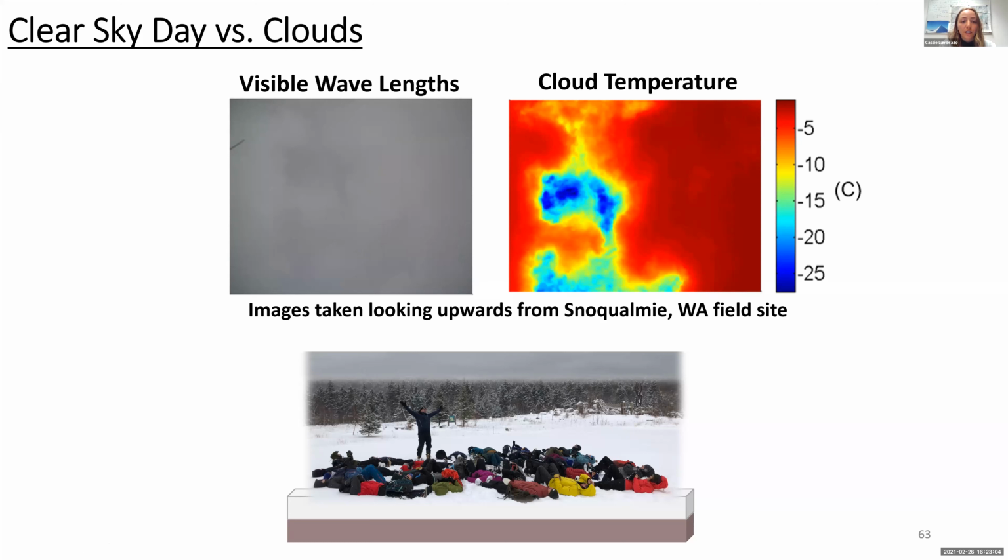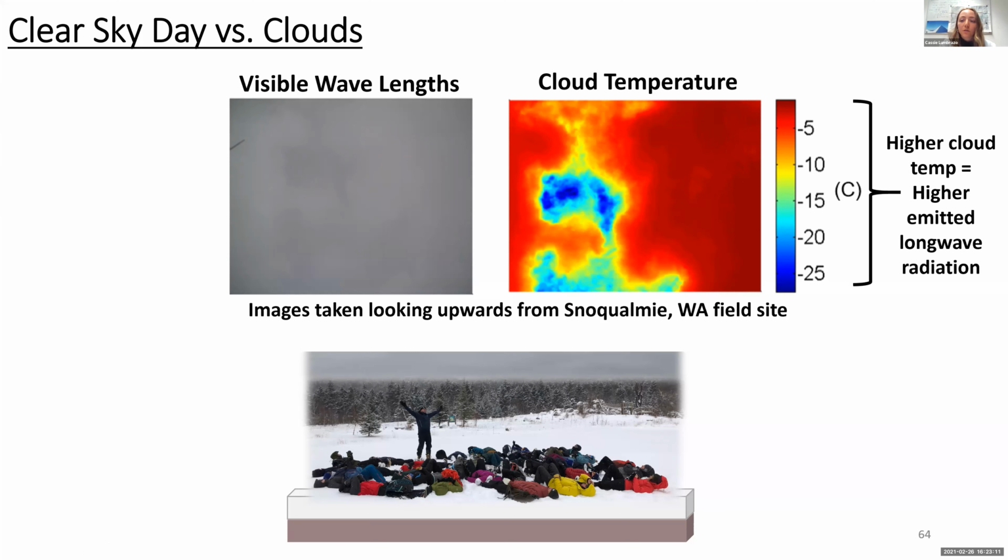These images were taken looking upwards at Snoqualmie field site in Washington, which is usually pretty cloudy. So this is what you would see. And you have this higher cloud temperature, and this is really equal to this higher emitted long wave radiation happening with the clouds. So this is kind of how we previously were looking at this clear sky. Now we have a cloudy sky. This is how this can be impacted and visually impacted.